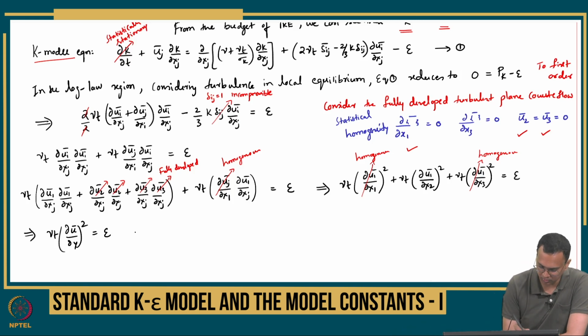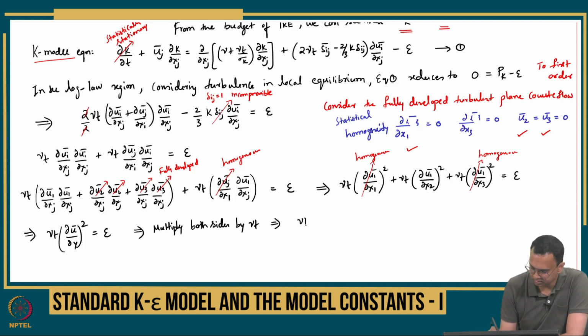So what I do now is multiply both sides by mu t.